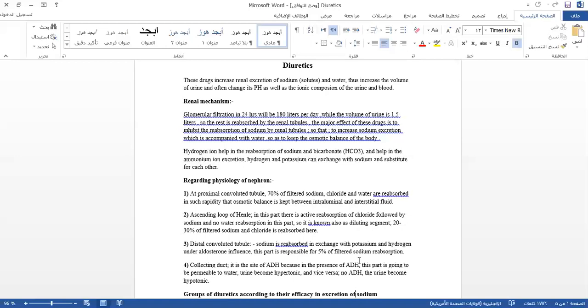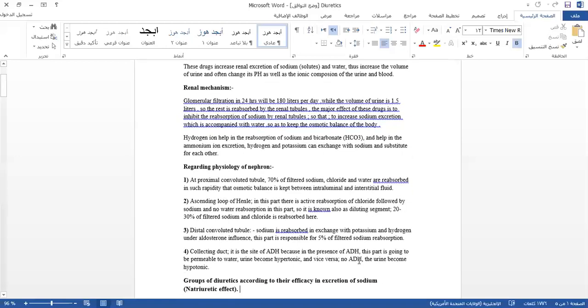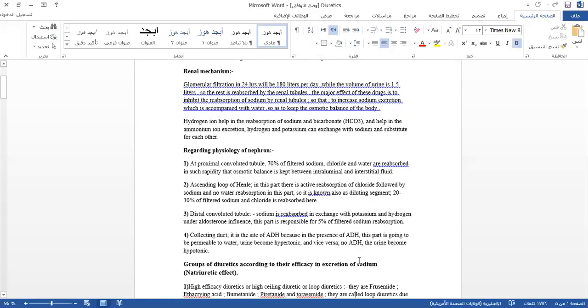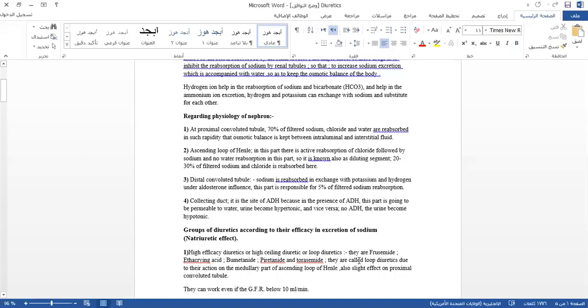Number three, the distal convoluted tubule. At the distal convoluted tubule, sodium is reabsorbed in exchange with potassium and hydrogen, as we said before, but under aldosterone influence. This part is responsible for 5% of filtered sodium reabsorption. In exchange for what? Potassium and hydrogen, under aldosterone influence.